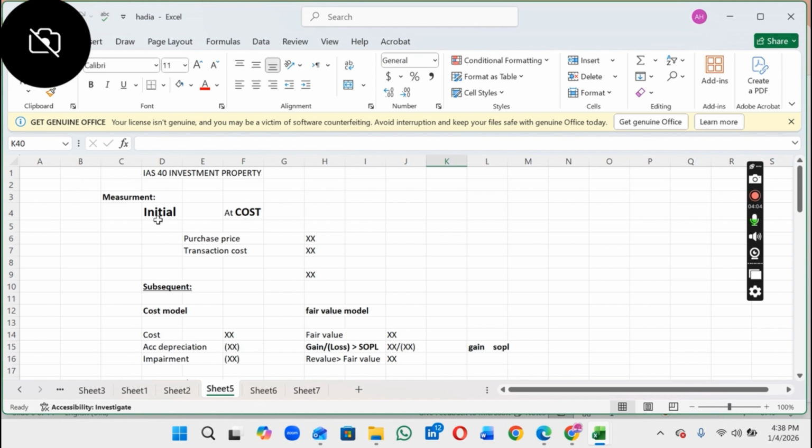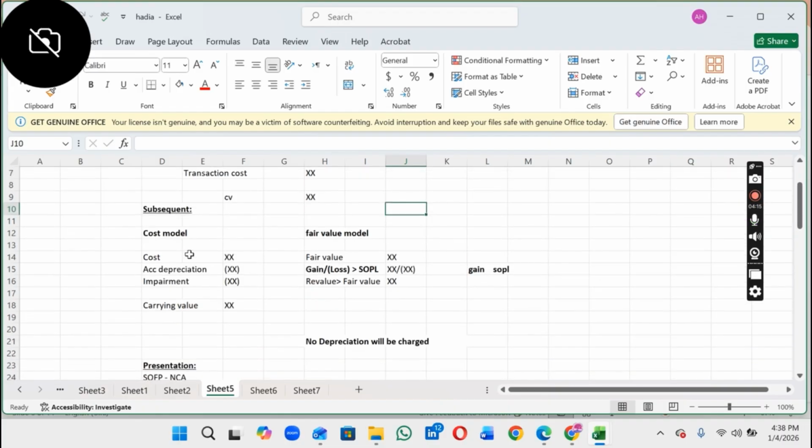As I discussed earlier, initially we will measure our investment property at cost, recording the purchase price and transaction cost, and we will get our carrying value. Subsequently, we have two models, the cost model and the fair value model. In our cost model, we will just deduct our depreciation and impairment, and we will get our carrying value.